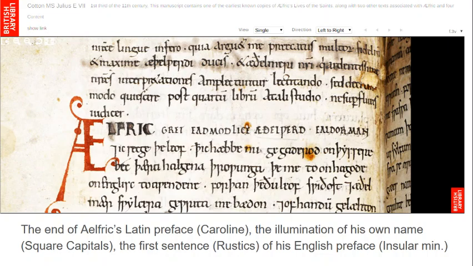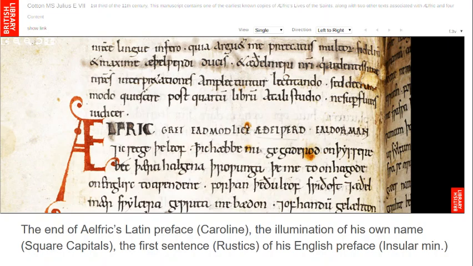And then for the very first line of the Old English preface, when it changes to Old English, Alfred writes his own name in Roman square capitals, not in rustic capitals. But he writes the first sentence in rustic capitals.